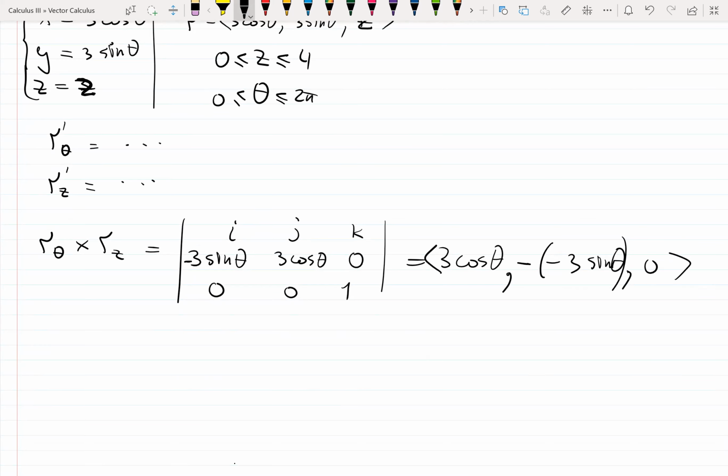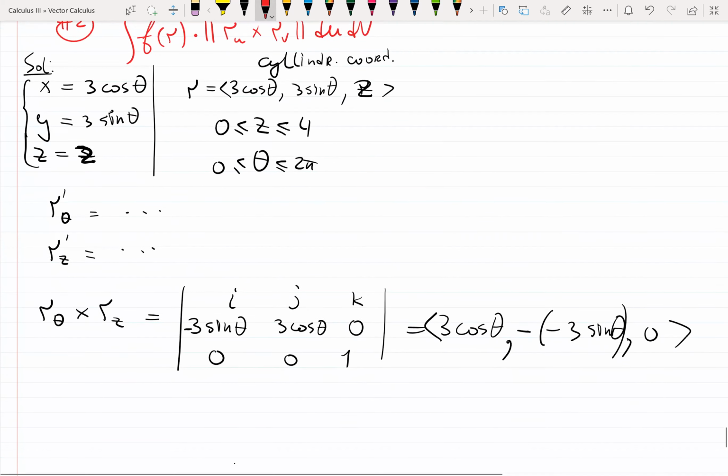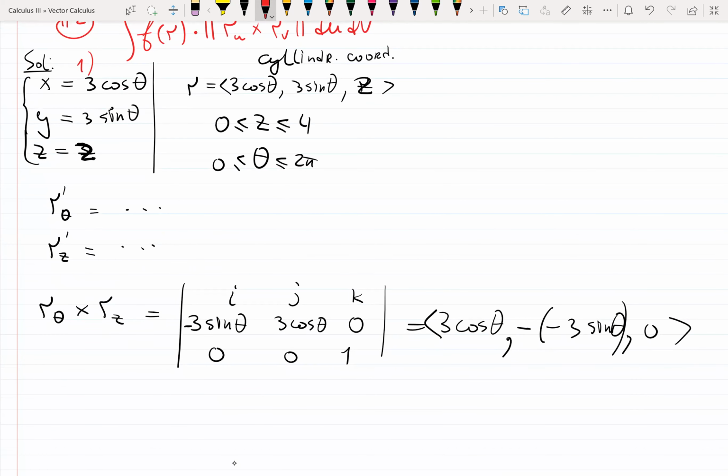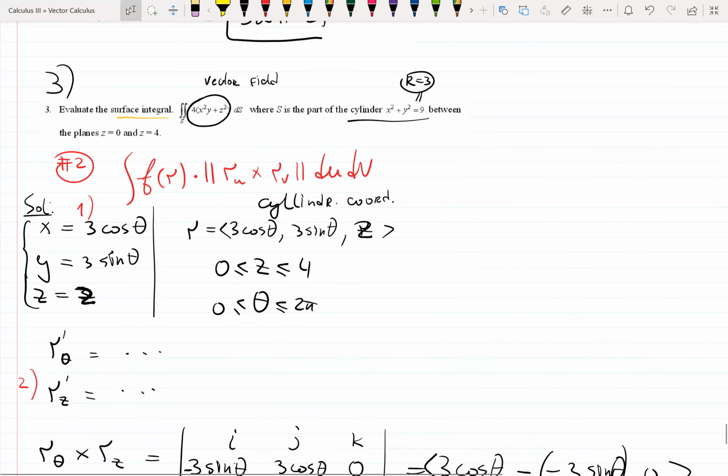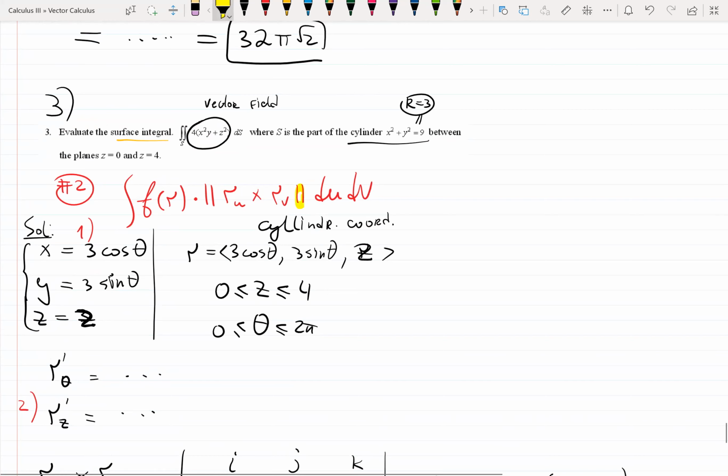The extra step here is step 1, parametrization. Step 2, finding derivatives and cross product. I merged it into one step. Step 3, the extra step, is to find the size of this cross product vector. That is the magnitude. And that is because the formula requires this extra step.